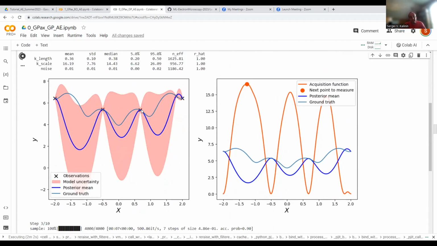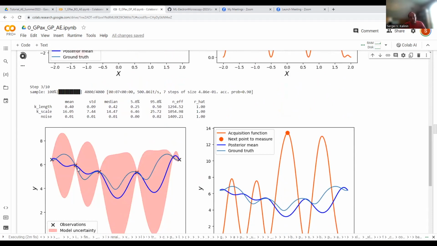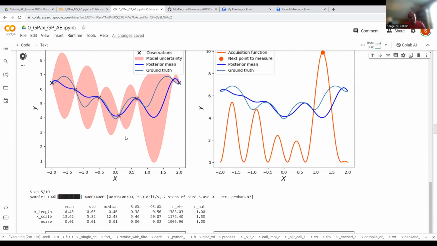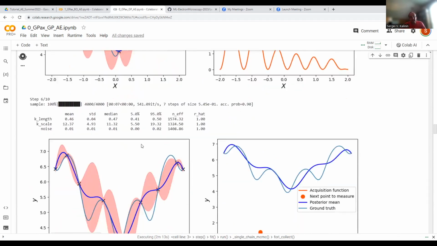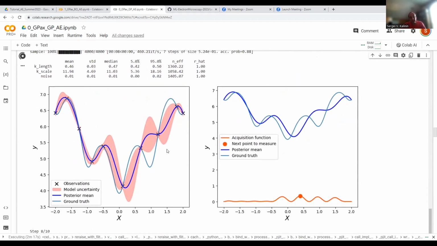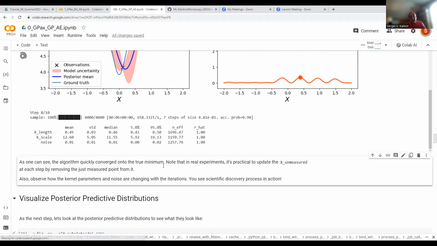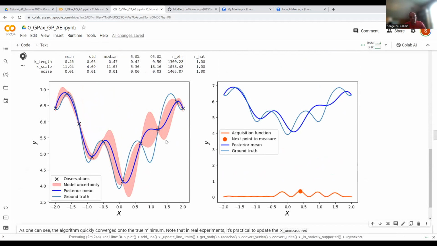So now the value of the function here is fixed. Then it is going to make the measurement at the point with the next largest uncertainty. Now the value here is fixed. And then if we continue the process several times, you will actually discover more or less well-behaved behavior, and eventually we will converge to the right answer.